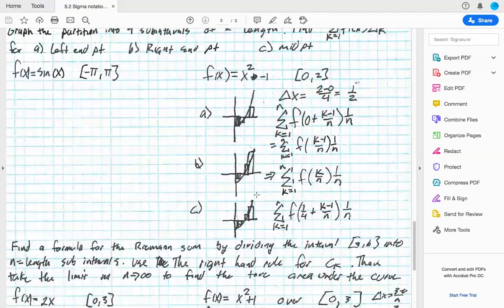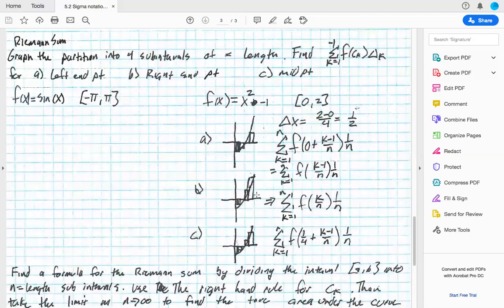So the last thing that we're going to do, and I'm going to talk you through this, and we'll do it in class as well, is we're going to use a Riemann sum and write these Riemann sums out. We're going to graph the partition into 4 subintervals of equal length.